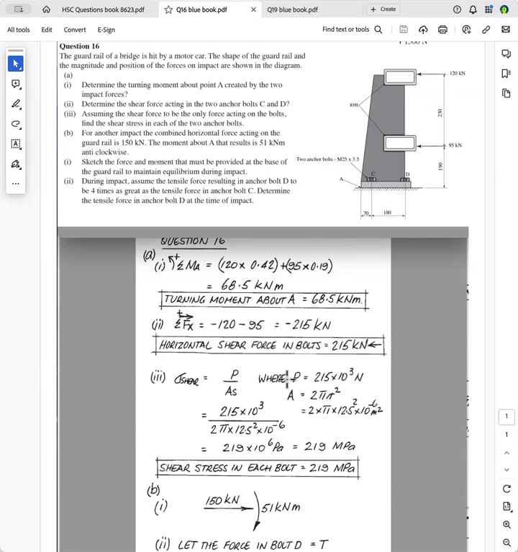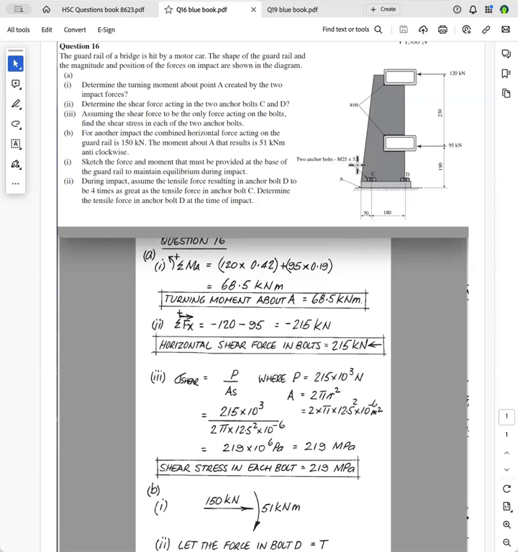The next question, question 3, assuming the shear force to be the only force acting on the bolts, find the shear stress in each of the two anchor bolts. So the anchor bolts have a diameter of 25. So make sure that you can remember this.